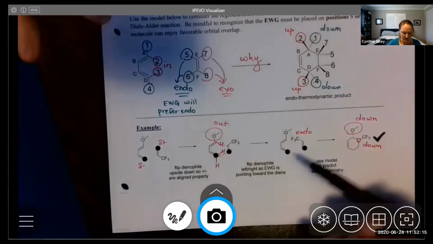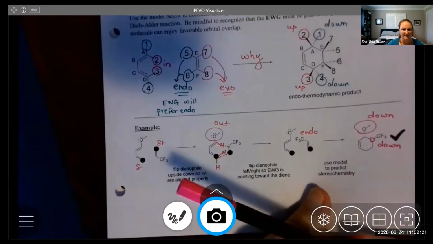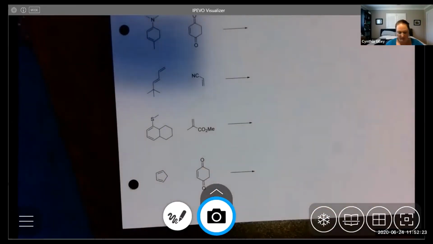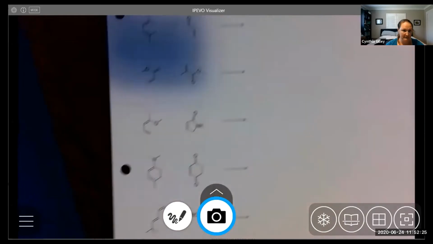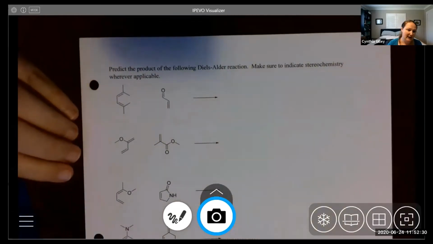Anything endo will point down. Okay, so that may or may not make sense, but if we do a bunch of problems, hopefully eventually it will sink in. And by the way, I'm going to disagree with the key on some of these.